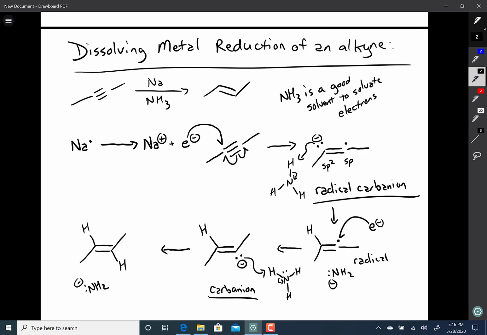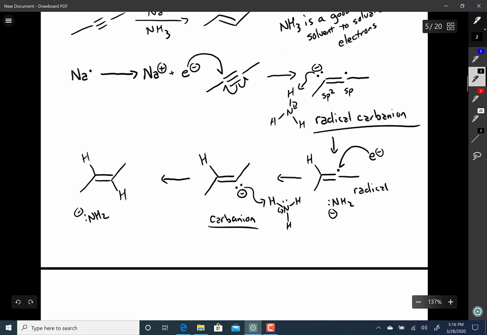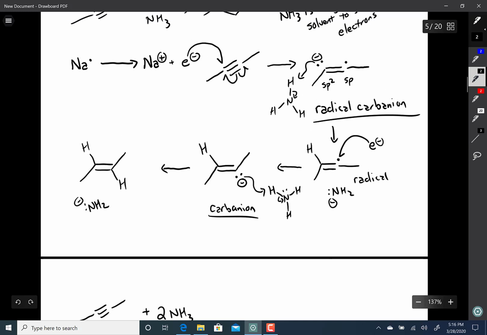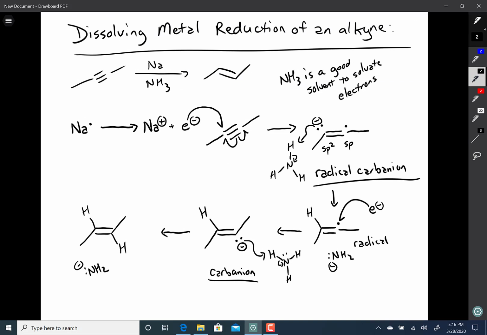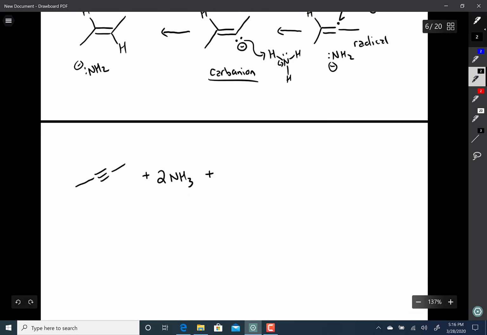So, if we were to balance this equation out based off of this mechanism, we have one alkyne plus 2 molecules of ammonia, because we used it twice. We also used 2 electrons, so therefore we needed 2 sodiums.